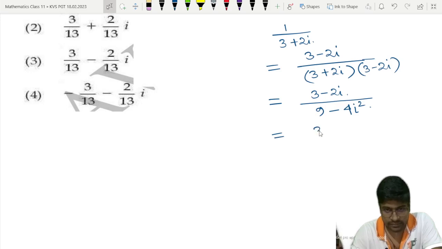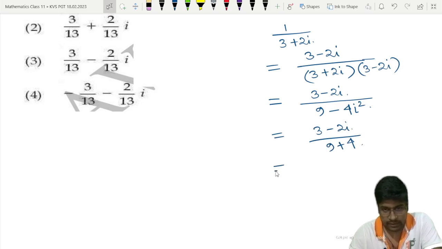The value of i square is equal to minus 1, so 9 plus 4 means 13. So this is nothing but 3 divided by 13 minus 2 divided by 13 i. This is in the form a plus ib.